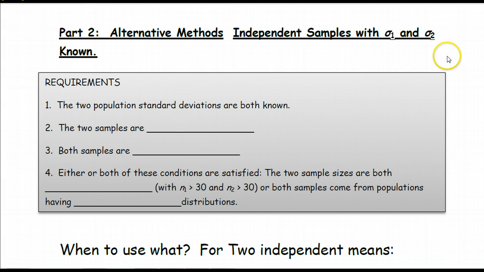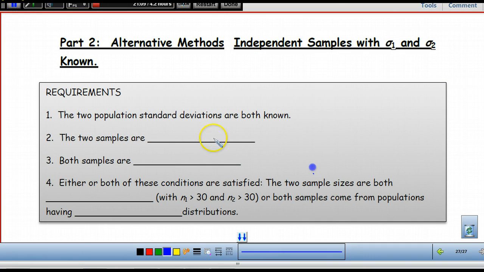So part two, if the sigmas from both populations are known and they're equal, then we're going to say that we want to pool. Let's talk about a couple things in here. If they're both known, they still have to be independent. They still have to be random, and then they both have to be large enough, greater than 30, and/or coming from normal distributions.